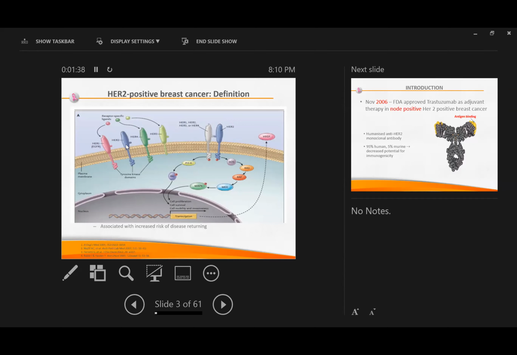And what this does is usually it either does homodimerization, that is two HER2 receptors joined together, or there is heterodimerization, where it joins with either a HER1 or a HER3 or HER4 receptor. And once it does that, the other three receptors can be activated by an extracellular ligand. And then there is downstream activation of various pathways, and then the cell starts proliferating in an uncontrolled fashion.